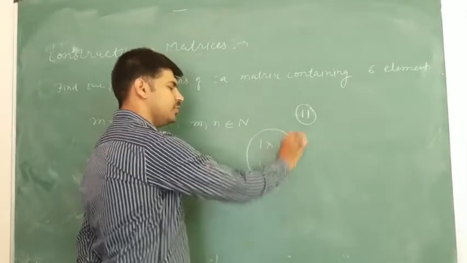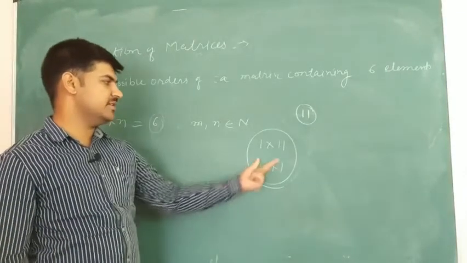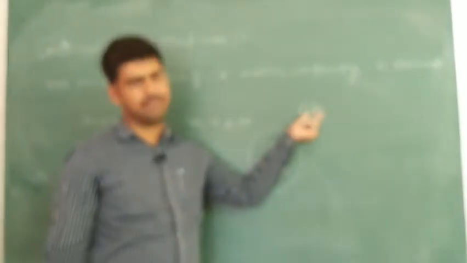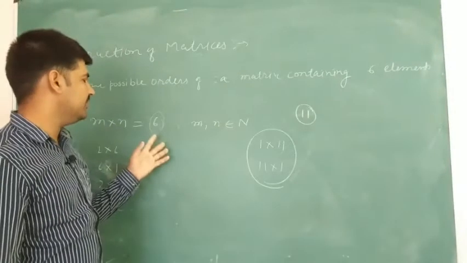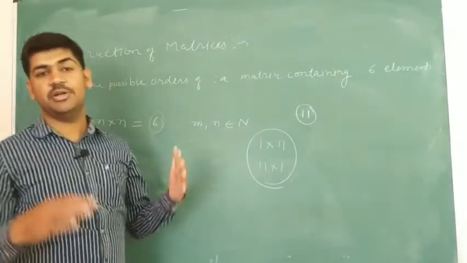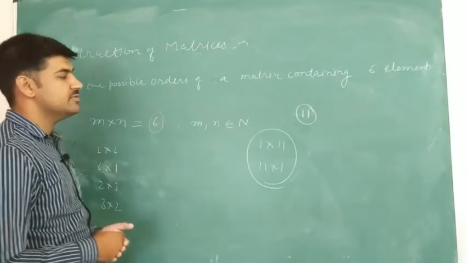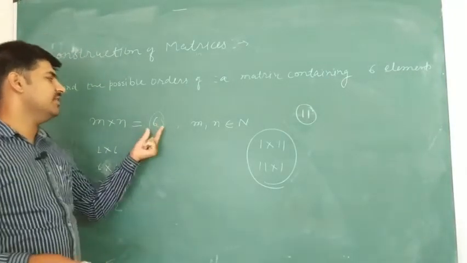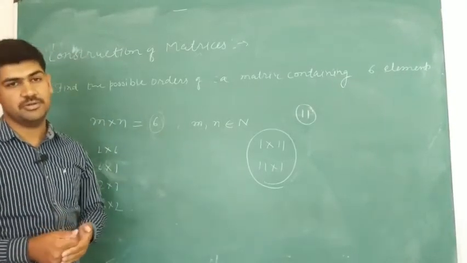These are the only 2 possible ways. So whenever a prime number is given, there are only 2 possible orders of a matrix, and if the total number of elements in a matrix is a composite number, there may be more than 2 possible orders of the matrix, and that can be found by finding the prime factorization of that particular composite number.